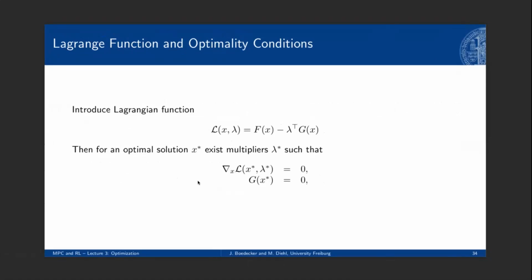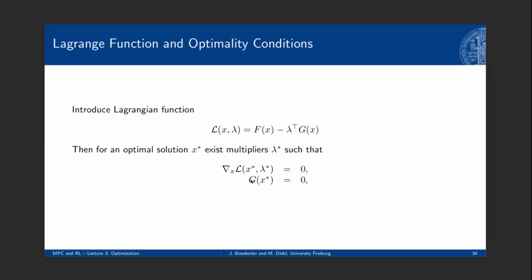Since Lagrange, we introduced these Lagrange multipliers lambda, add up all the constraints to the objective and call this the Lagrangian function, which depends on x and lambda. Then there's a little theorem that says that if you have a local minimizer, then there exist multipliers such that this Lagrange function has a gradient that's 0.